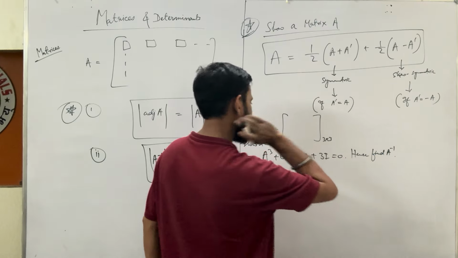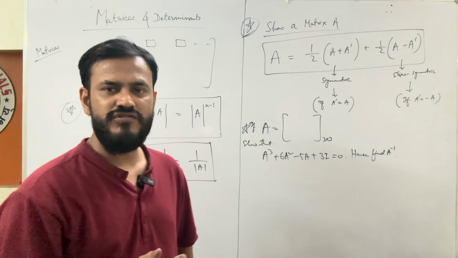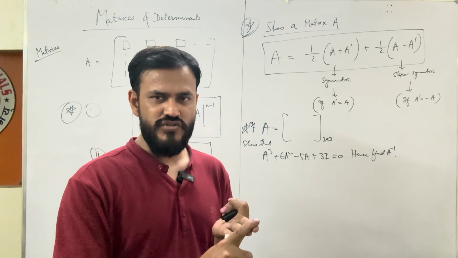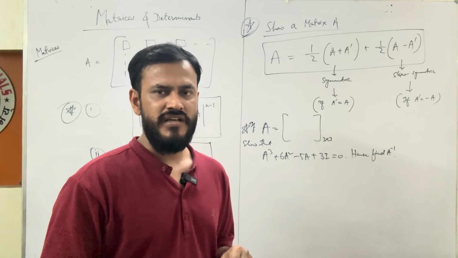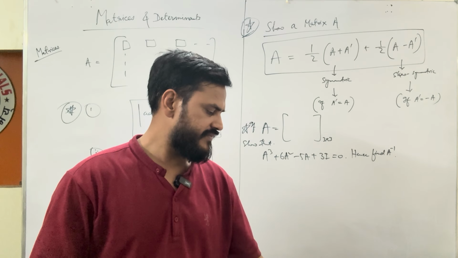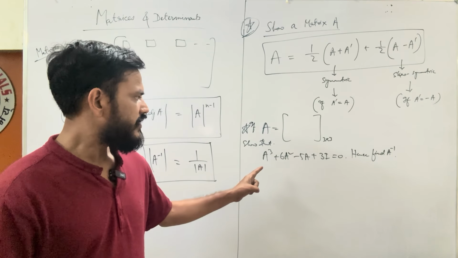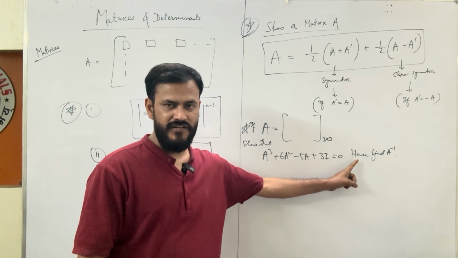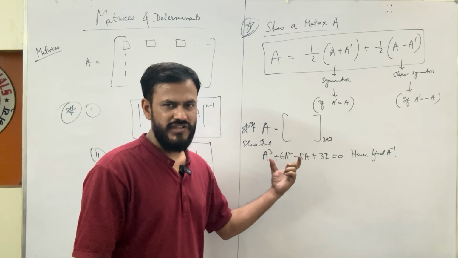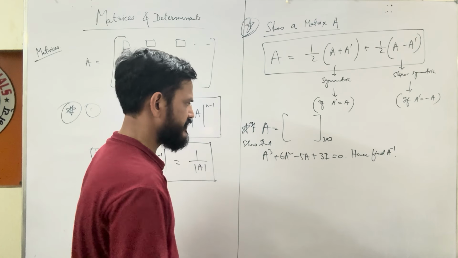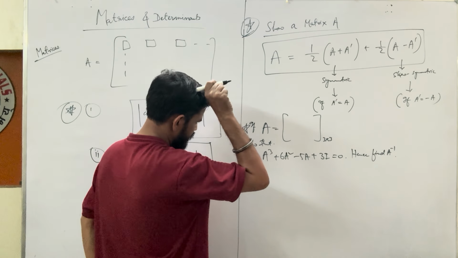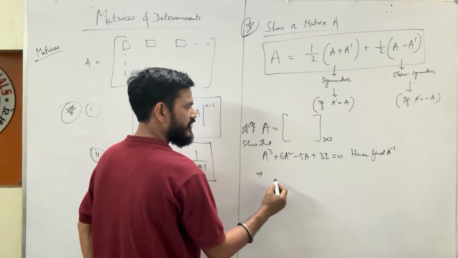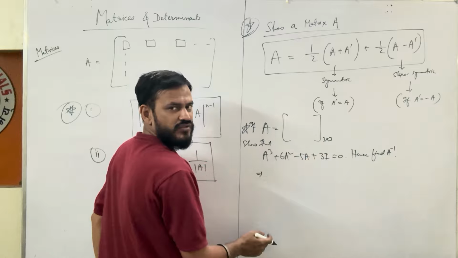find A inverse. You know, the usual way to find A inverse is to first find minors, cofactors, adjoint, and divide it by its determinant value, and then you get A inverse. But here, you don't have to find all those. Since question says hence find A inverse, that means from this equation you'll have to find A inverse. So what to do in this case? Take 3I on the right hand side and then take A common, or multiply it by A inverse throughout.